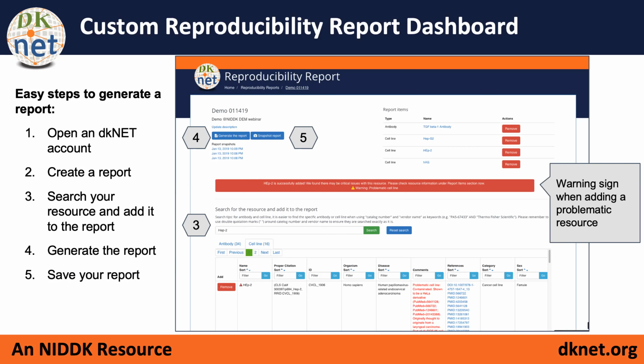Once you've created a report and start adding information, we will actually highlight if the cell line that you're preparing to use or the antibody that you're preparing to use, if we have found any information about that that is problematic, we highlight that for you, again, as visibly as we possibly can within this report.